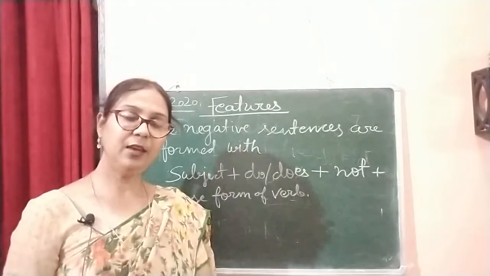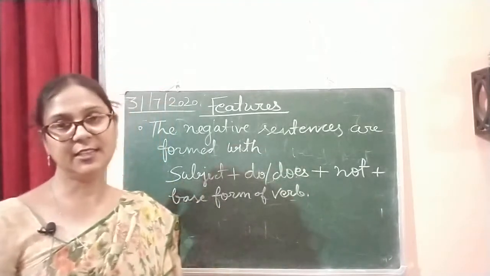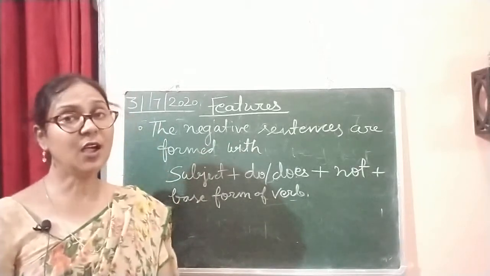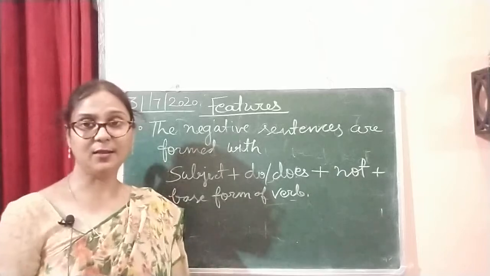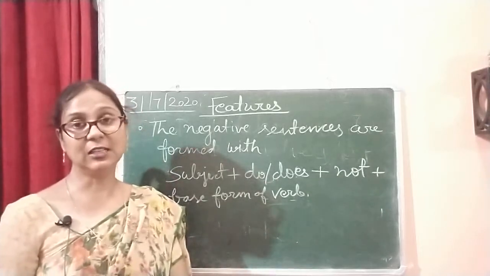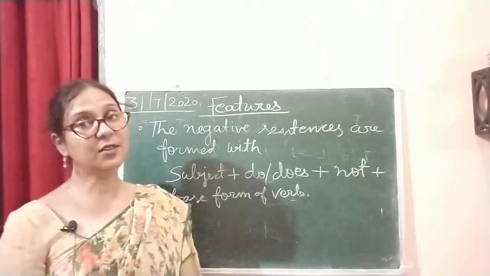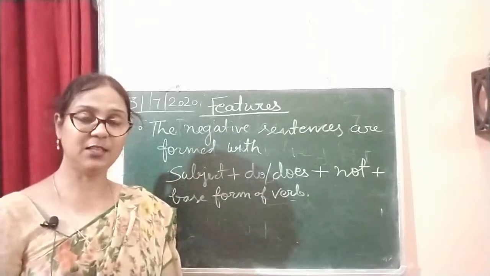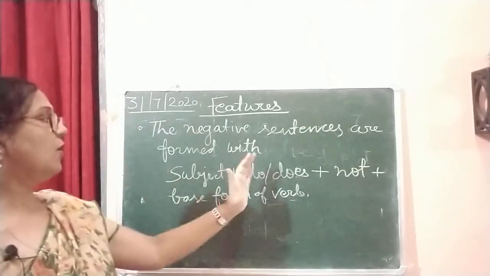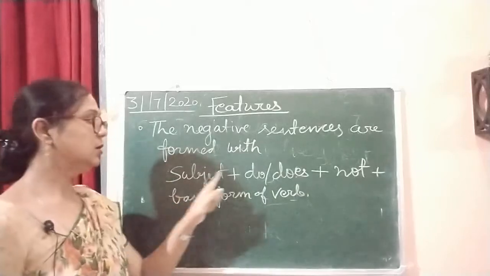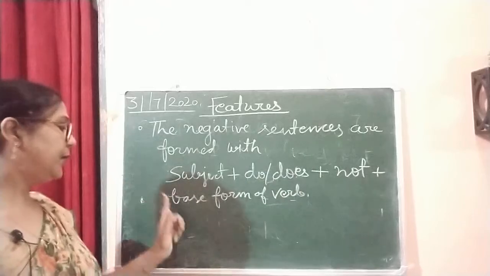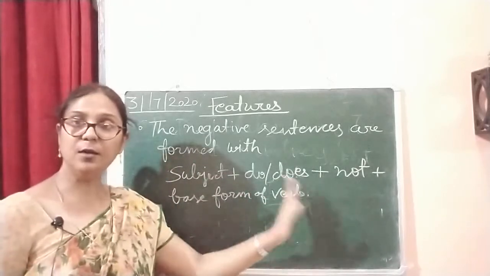Now when we want to make negative sentences in simple present tense, we are supposed to use do and does. As we have studied, do and does are the words used to make interrogative sentences and negative sentences also. Negative sentences are formed with subject, do or does, plus not, plus the base form of the verb.